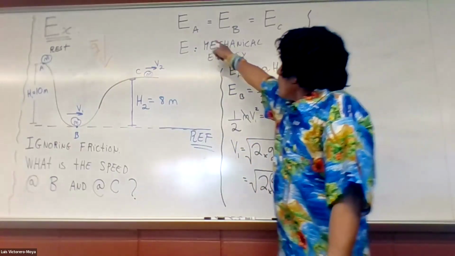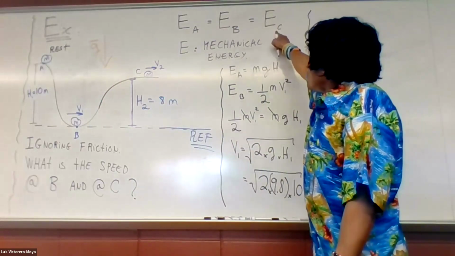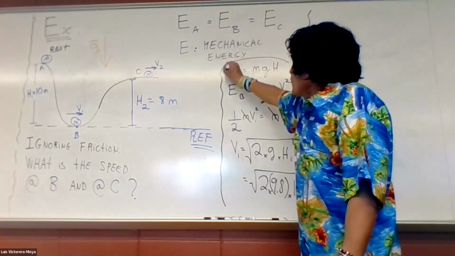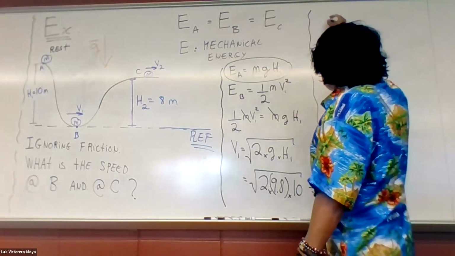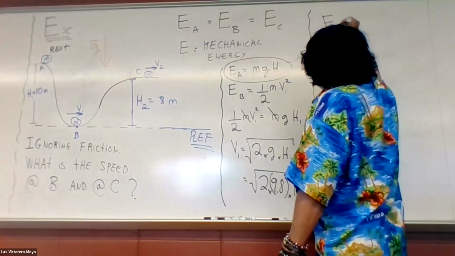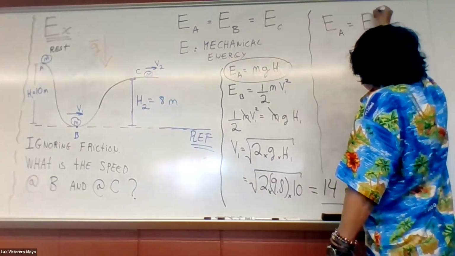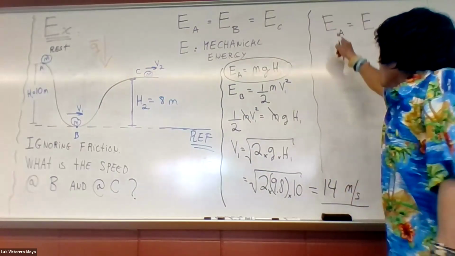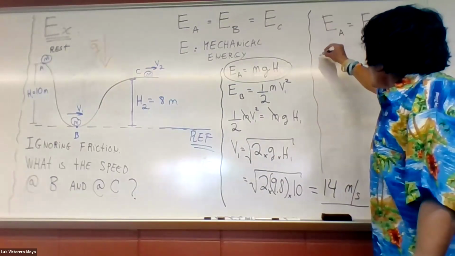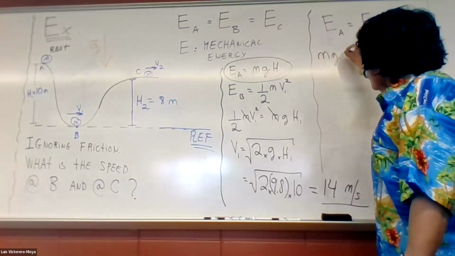Energy at A is equal to the mechanical energy at C. Energy at A is mgh1.